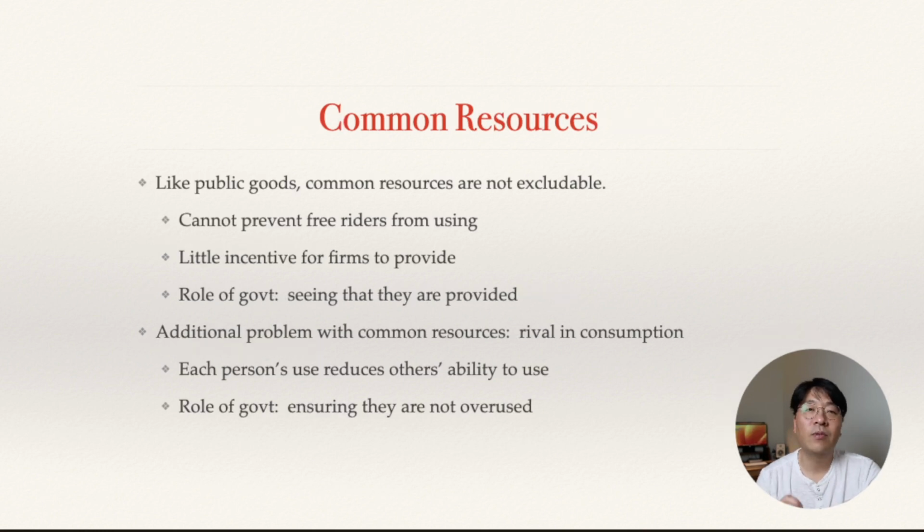Now let's think about common resources. Common resources have characteristics like a public good. They are not excludable, so a pricing scheme does not work like it does for private goods. They also have free rider issues; you cannot prevent a free rider from using them.